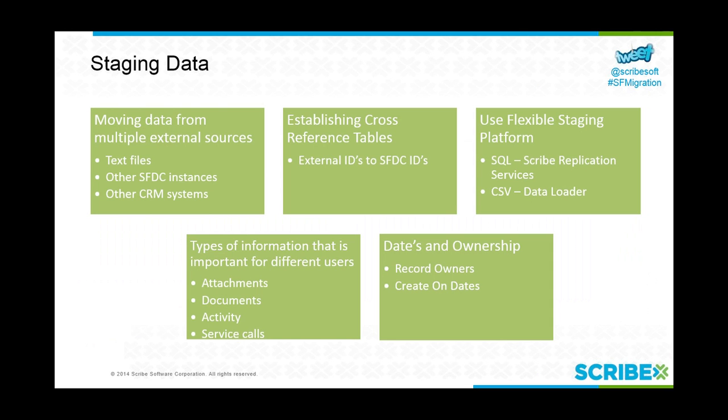So now, different users have different needs, of course, as RJ had mentioned earlier. When we get to this next block, talking about attachments and documents, it's really important that we understand where those are located, and not only where the documents and the library of those documents are, but also, if we're bringing history and service calls and things on this order, we want to review all of that and make sure that we're bringing that data over accurately.